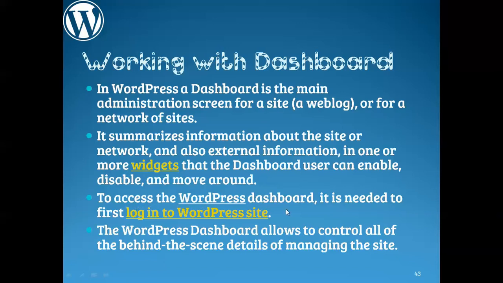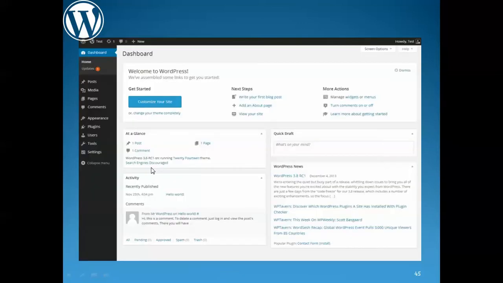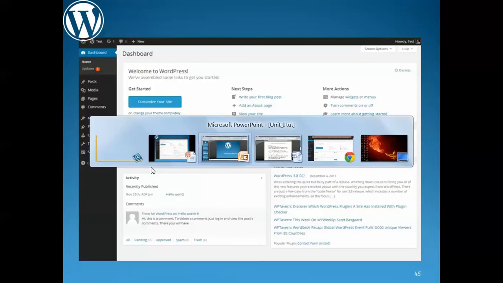To access the WordPress dashboard, you first need to log into the WordPress site. The WordPress dashboard allows you to control all the behind-the-scenes details of managing the site. The left-hand navigation menu provides links to all WordPress administration screens, with the submenu displayed on hover, as we are going to see. One can minimize this menu to icon strips, and this is just theory, I am going to show you.